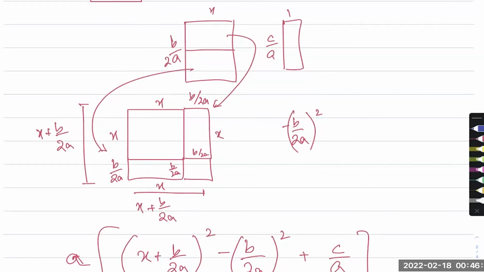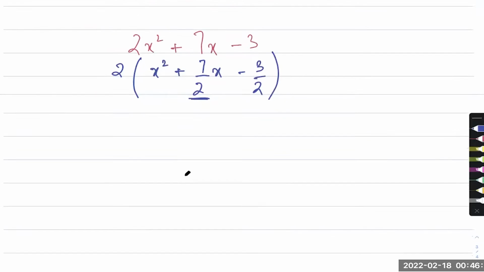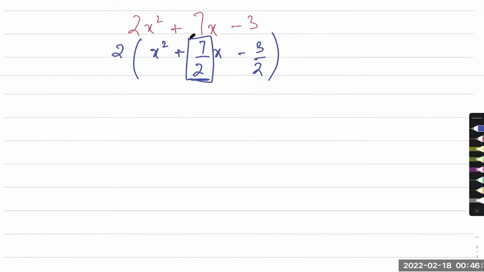So this square was what I needed to add. And what is the width of this square? B over 2a. And the length is also B over 2a. This is my B, B over a basically. So I will divide it by 2. And that's the shortcut I want.